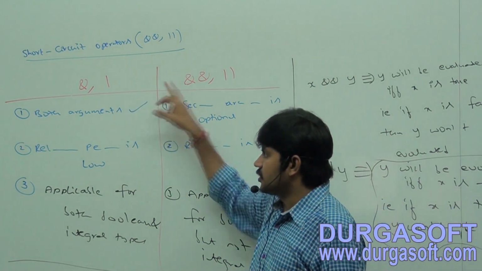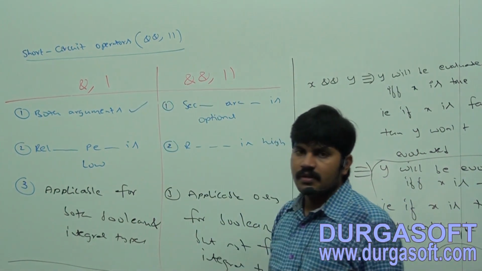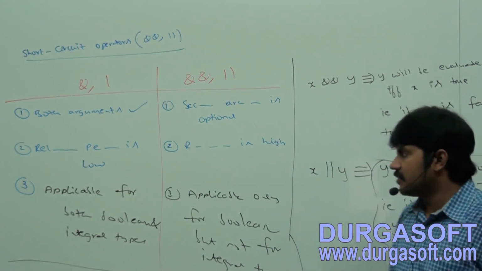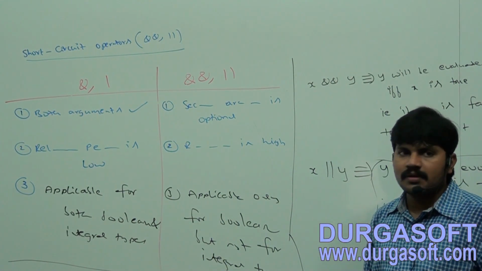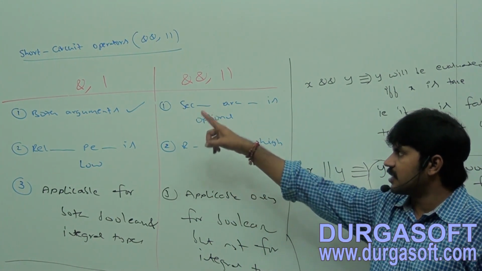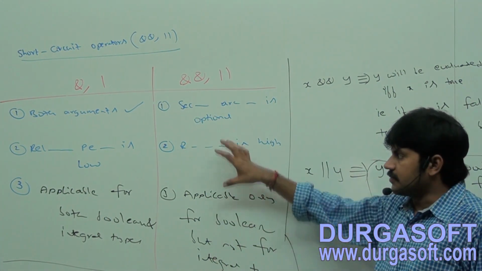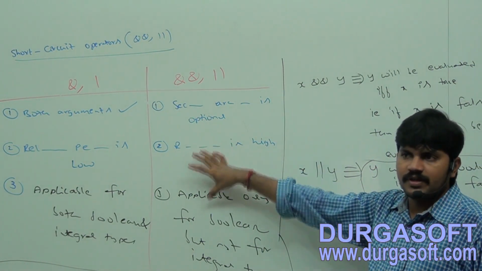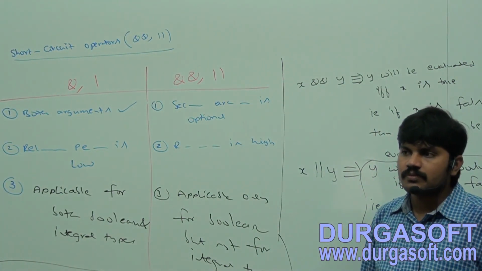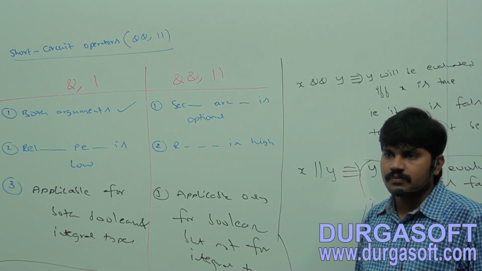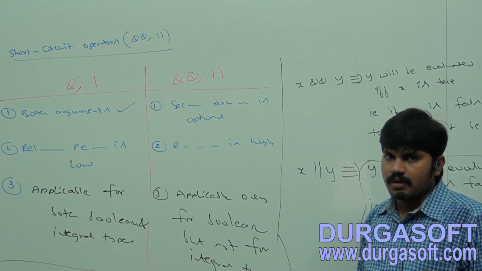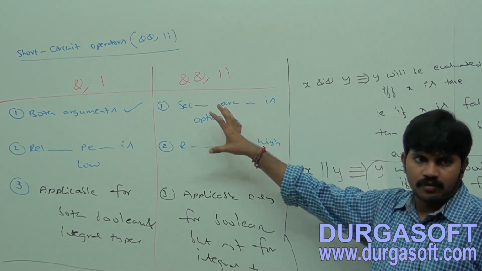Okay, take this pattern, take the table first, and then I will dictate the points anyway. Single AND and single OR, double AND and double OR. Take this table clearly. Completed, right? Only table form.